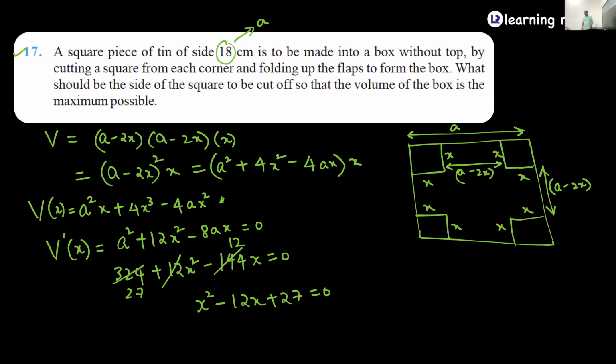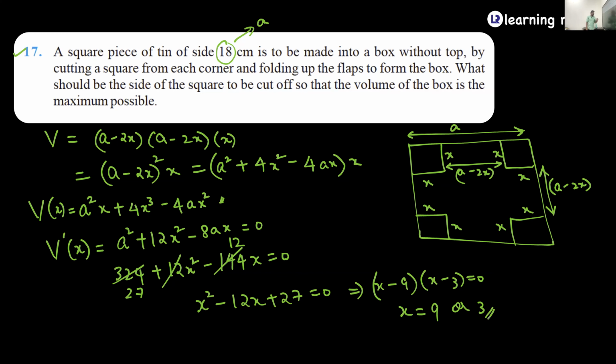So 27, how will you split it? As 9 into 3. So the factors are x minus 9 into x minus 3 equal to 0. So x is equal to 9 or 3. Since you got two values here, there is no other option other than doing the second derivative.